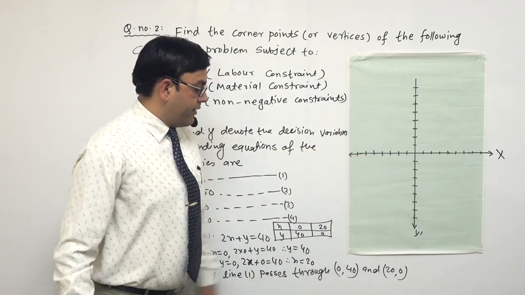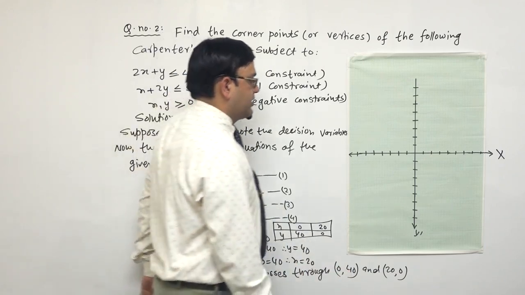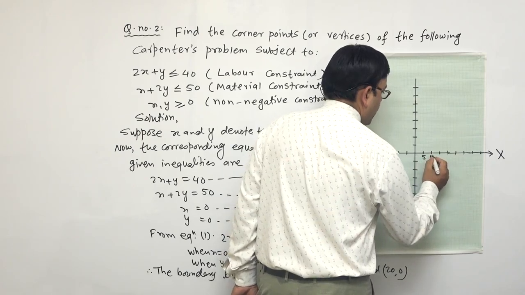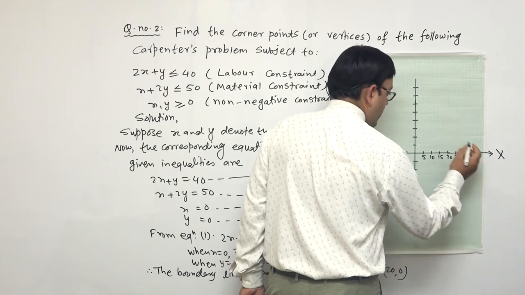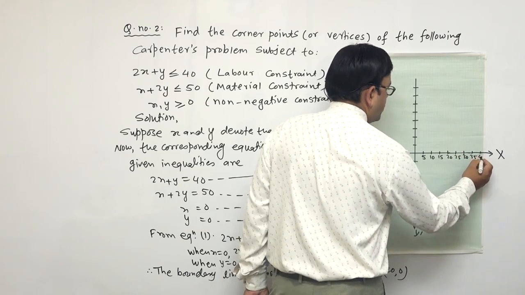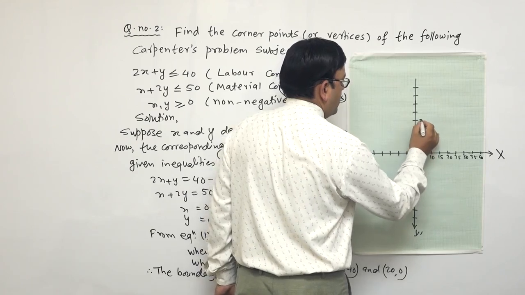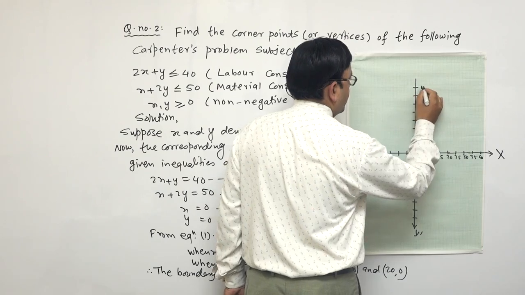This is the graph. So we have to plot it up to 40 here. Let us suppose this one is 5, so 10, 15, 20, 25, 30, 35, 40. Here also 5, 10, 15, 20, 25, 30, 35 and then 40.